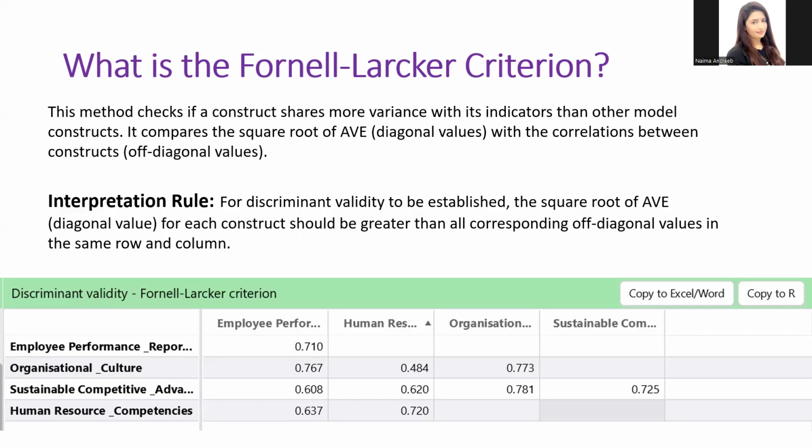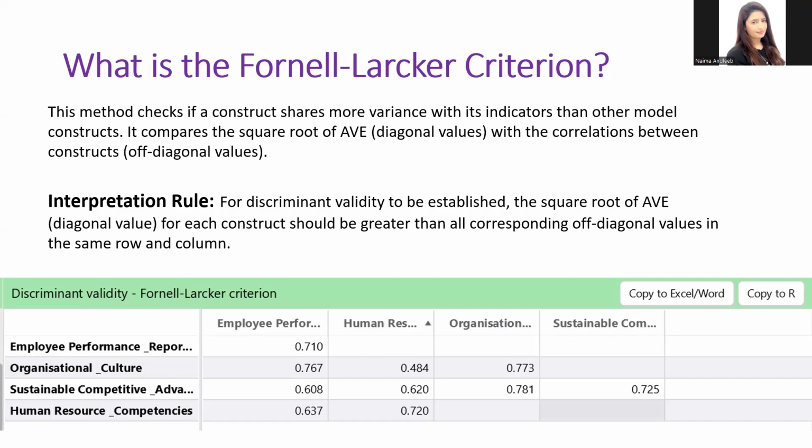The next criterion is the Fornell-Larcker. What is the Fornell-Larcker criterion? Let me share it with you; the definition is also mentioned. This method checks if a construct shares more variance with its indicators than with other model constructs.